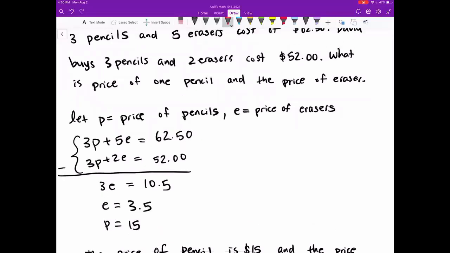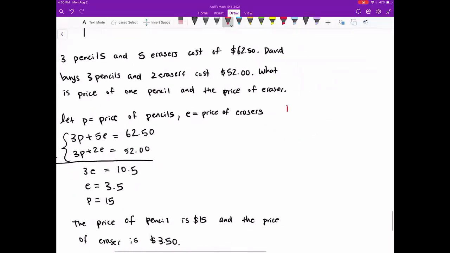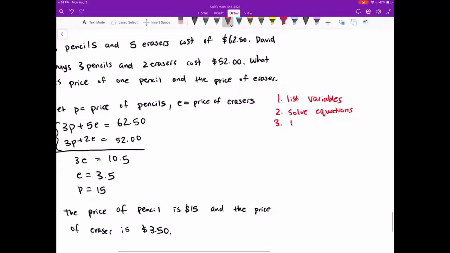Like what I said before, the first step is to list your variables. Second step is to make the equations and solve. And the third step is to write your answer in a sentence.